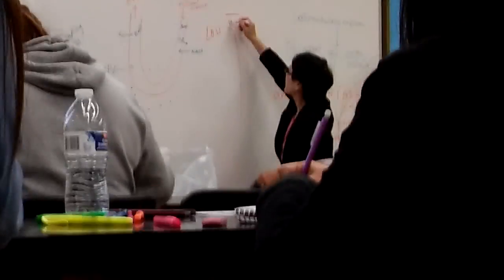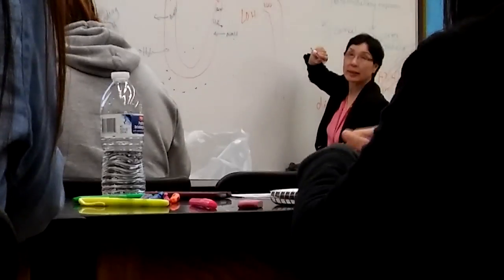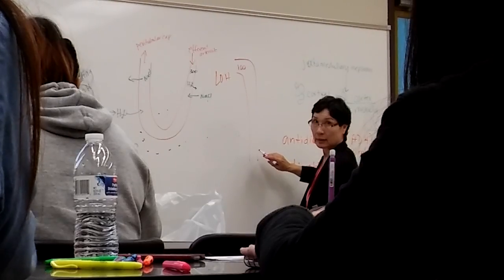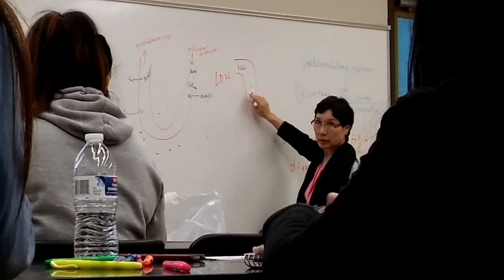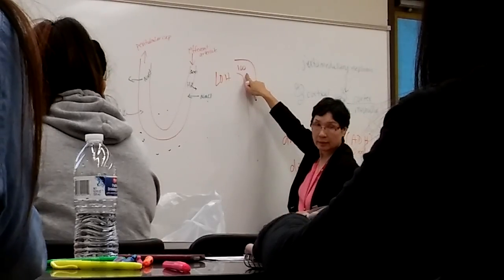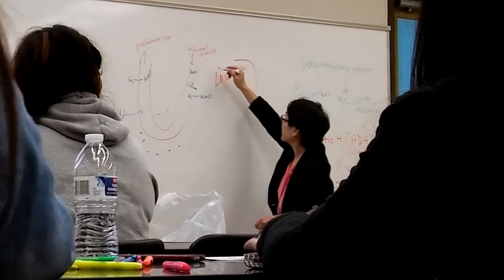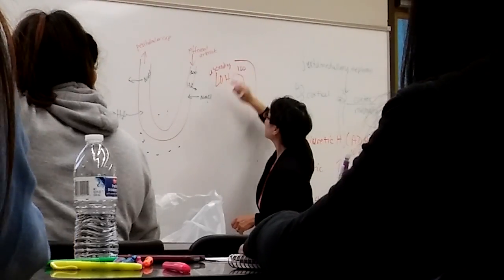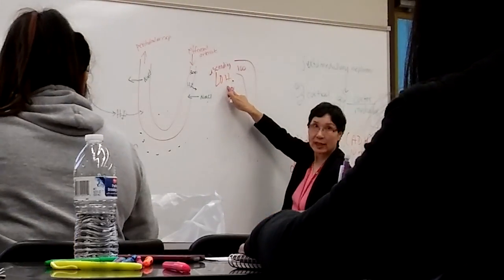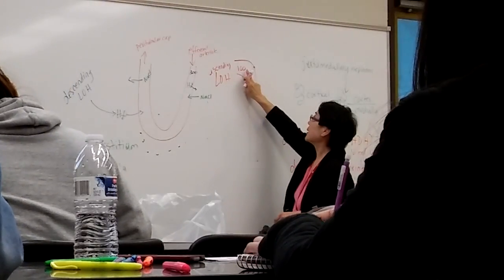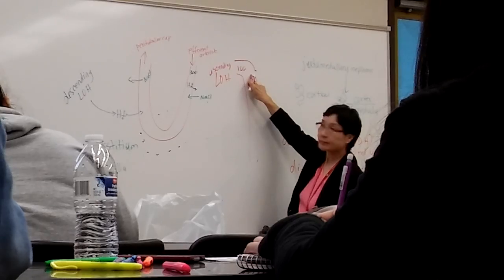Remember, the filtrate is hypoosmotic coming into the collecting duct. Remember that? So why was it hypoosmotic? What did it have to do with? Yeah, the salt is able to leave the ascending limb of the loop of Henle, but not water. And that's why this is hypoosmotic.